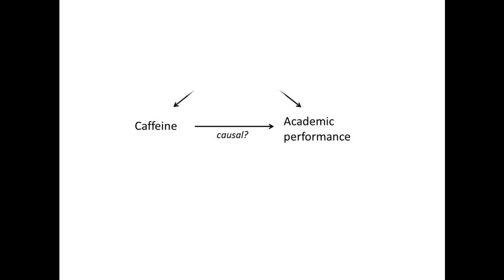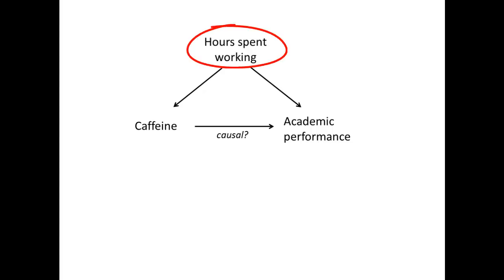However, there may be another factor that causes both better performance and a higher caffeine intake. For example, hours spent working. So perhaps it's getting up earlier and working longer that independently makes an academic drink more coffee and perform better, and hence generates a spurious correlation between caffeine intake and academic performance.